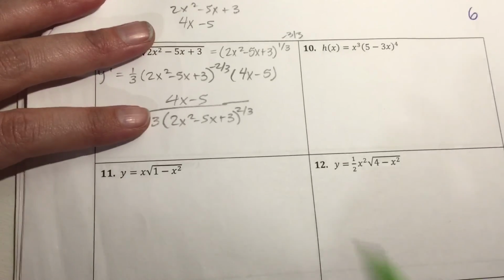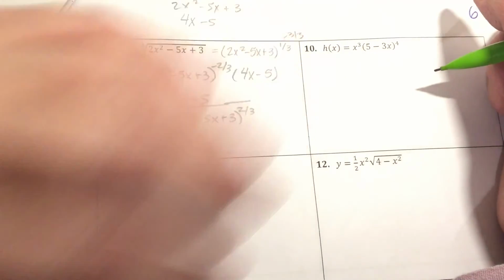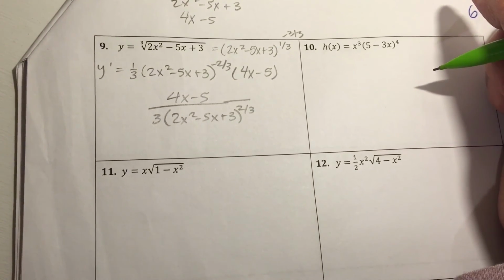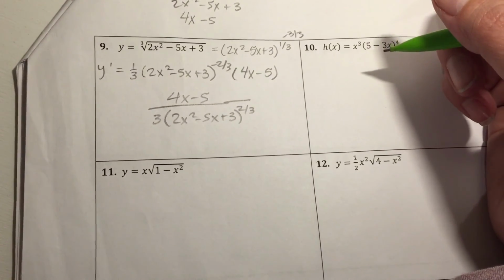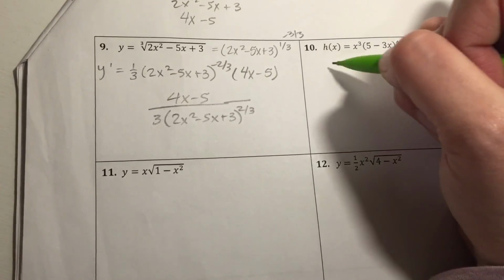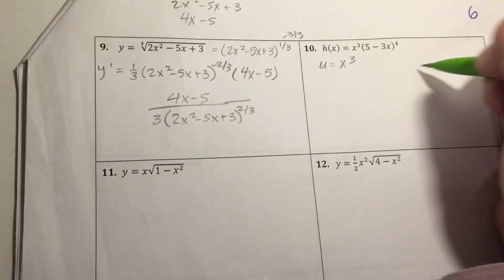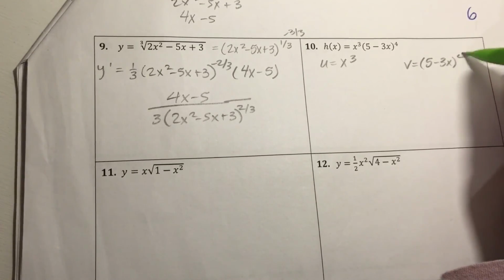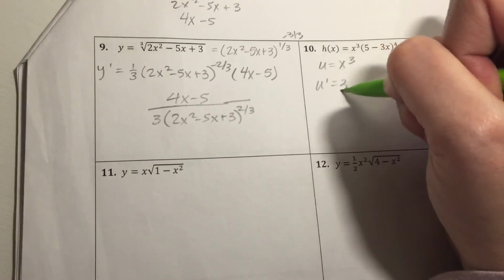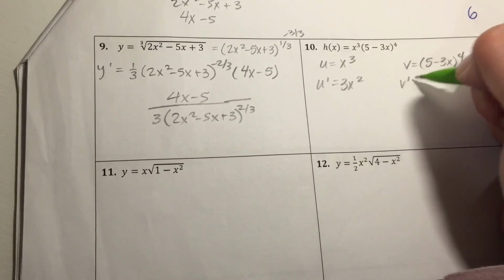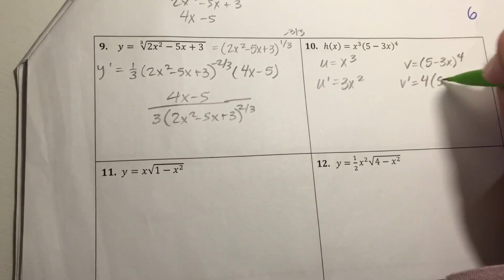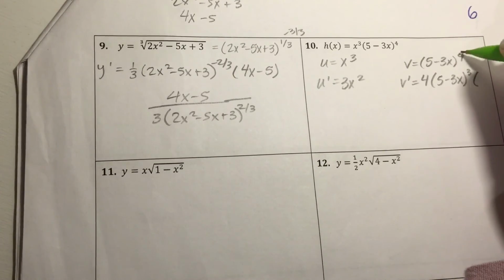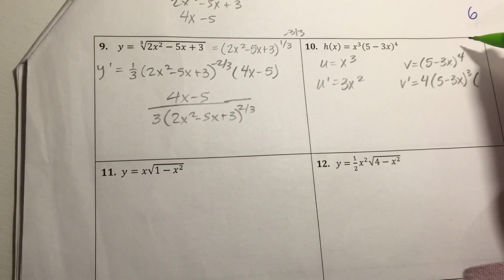Okay. All right, this one is a product rule. Okay, so I'm going to do u and v. u prime is 3x squared, and v prime is (5 minus 3x) cubed, times, and I always forget to do that, so really be careful.